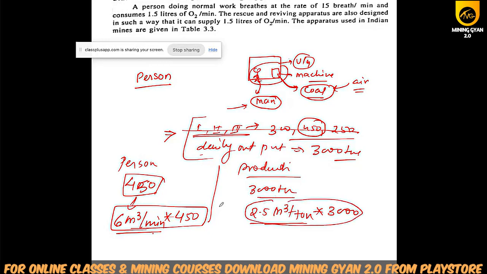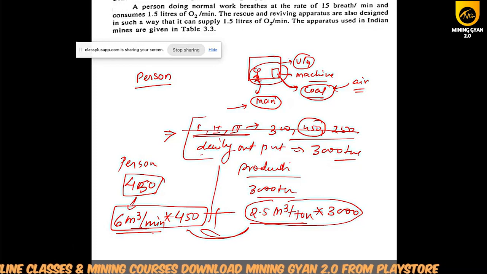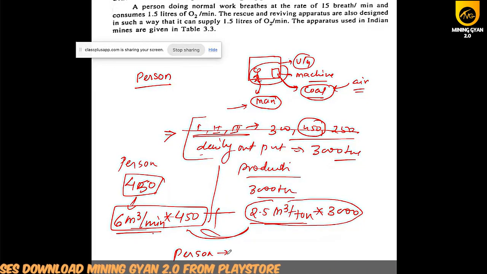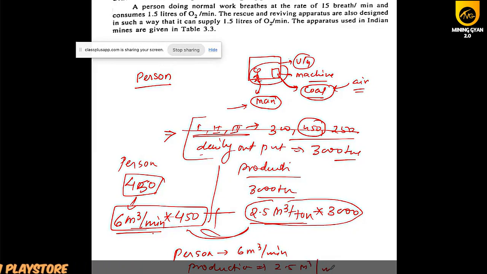So when we add both of them, from this calculation we will get our answer. We will see a lot of questions based on this. Just remember, for the person calculation you need 6 meter cube per minute, and for the production you need 2.5 meter cube per minute. Is that clear? It will come in the question.